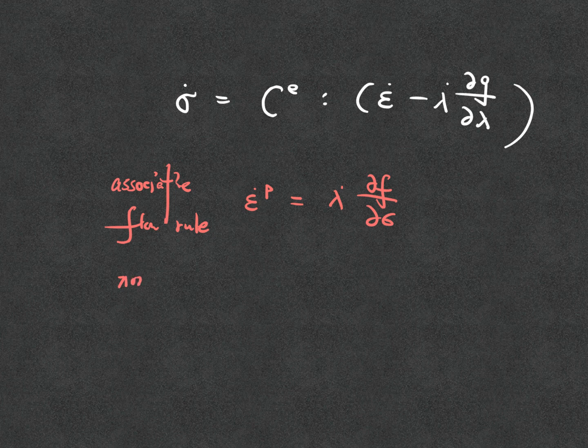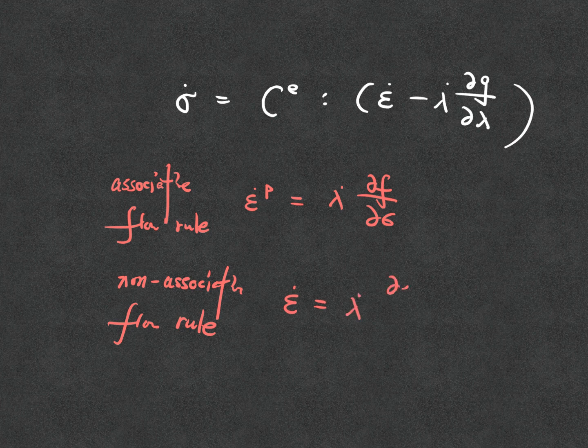In the non-associative flow rule, there are two types of plastic flow rule. One is the classical one, which relies on the potentials.